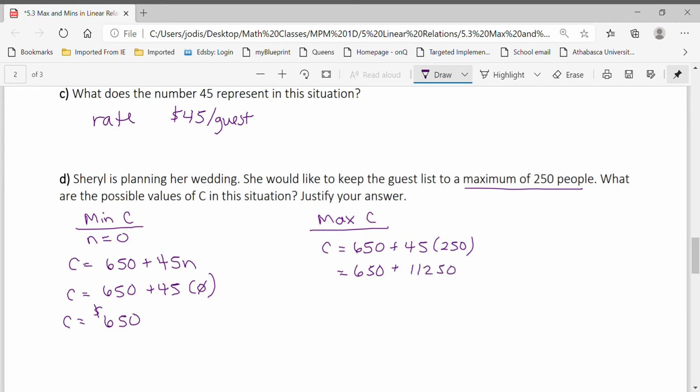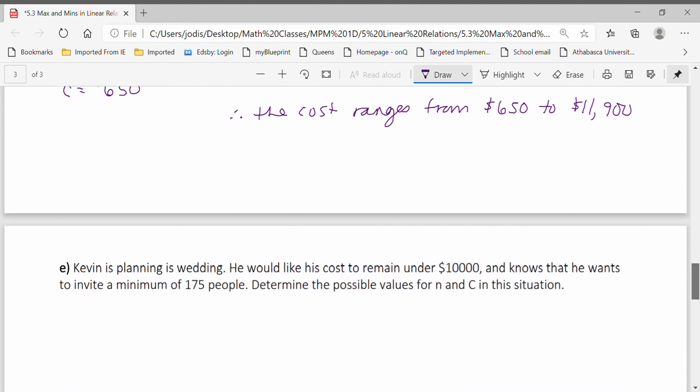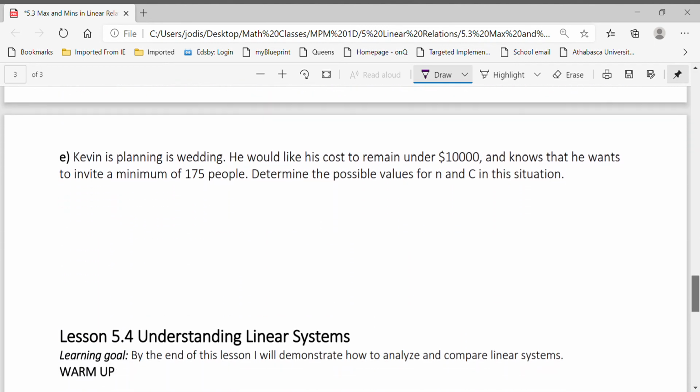And that gives us a total of 11,900. So we could say, therefore, the cost ranges from $650 to $11,900. Quite the difference.